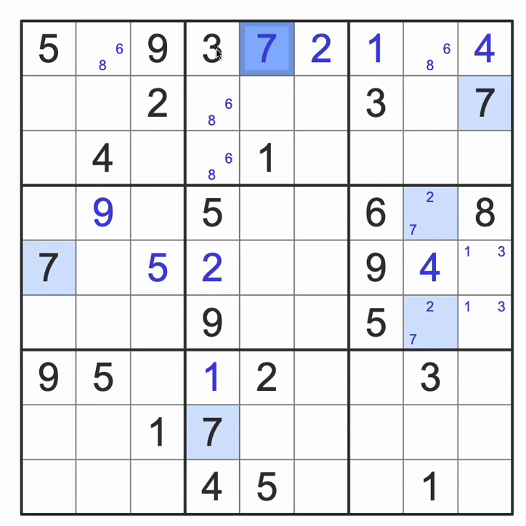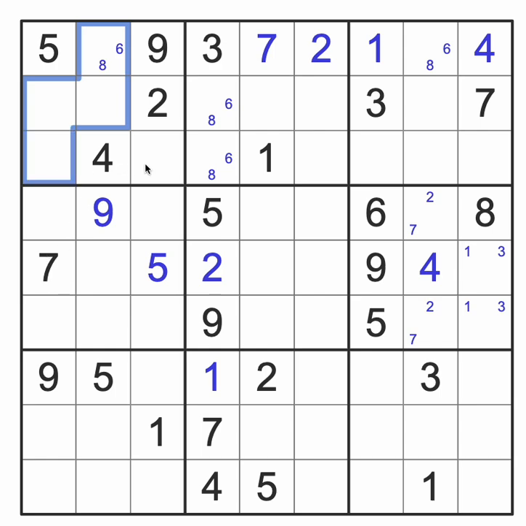Okay, so I have a 6, 8 double, 6, 8 double. Okay, and what does it do? Okay, and now 7 and 7 blocks these.